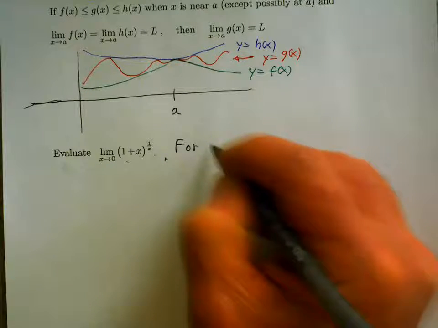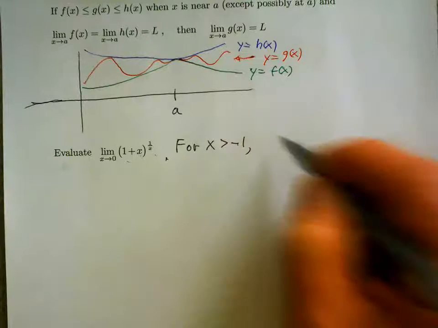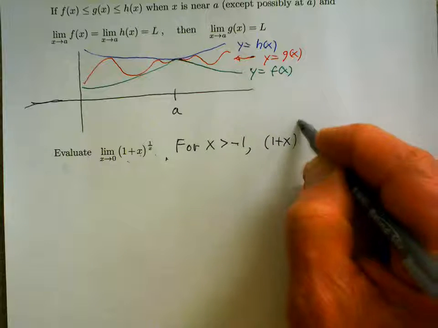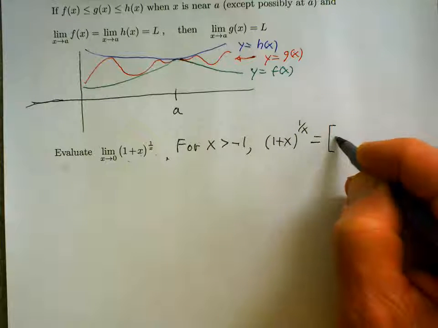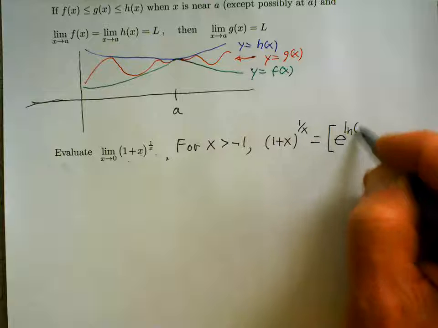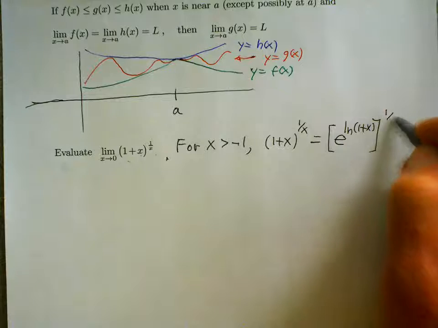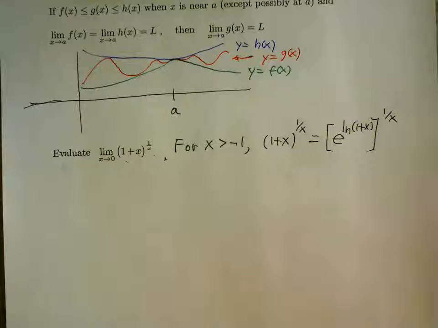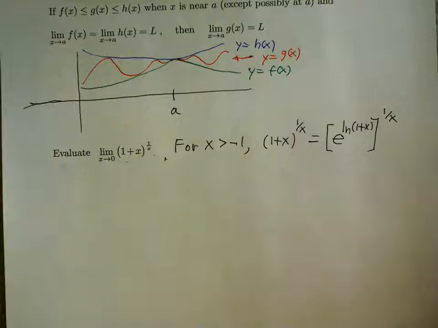For values of x greater than -1, the (1 plus x) to the 1 over x can be expressed as e to the natural log of (1 plus x), all to the 1 over x. So this is just using a property of logarithms and exponents.